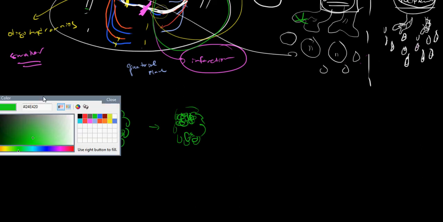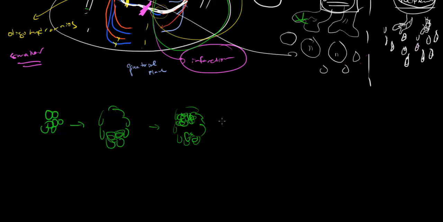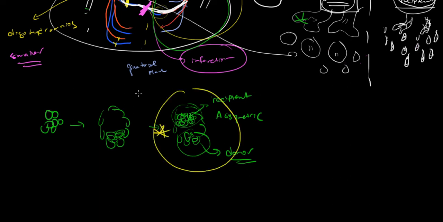Let's say there's an inherent asymmetry. In that case, the conditions have been set up early. So this is asymmetric. And then maybe the smaller division is already set up to become the donor, because we know the donor is smaller, and this inner cell mass is already set up to become the recipient. In other words, the injustice has already been set up early, and the vascular complication is just a late sequela of an early injustice.